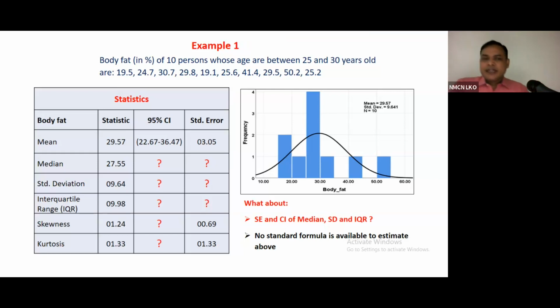Further we analyzed its descriptive statistics, and we got most of the descriptive statistics, but when we look at the 95% confidence interval and the standard error, we are not able to estimate the standard error and the confidence interval for median, standard deviation, interquartile range, and also the confidence interval for skewness and kurtosis. So how can we estimate this standard error and confidence interval?